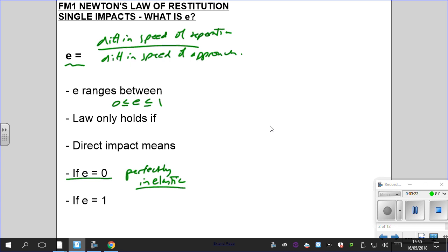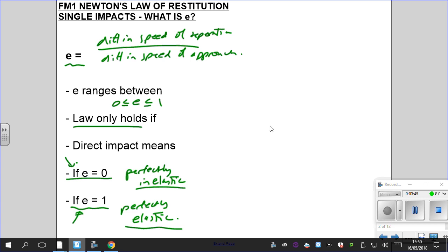Whereas if e equals 1, we have a perfectly elastic relationship between the two materials, which means essentially that no kinetic energy overall will be lost when they rebound. So e = 0 means the most kinetic energy is lost, and e = 1 means nothing has been lost. There's a perfectly elastic relationship.